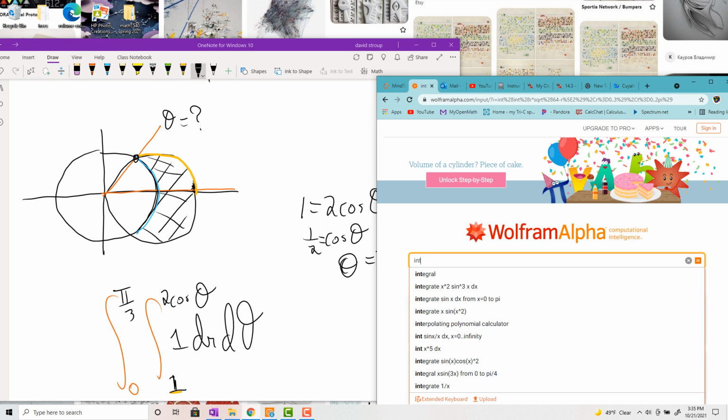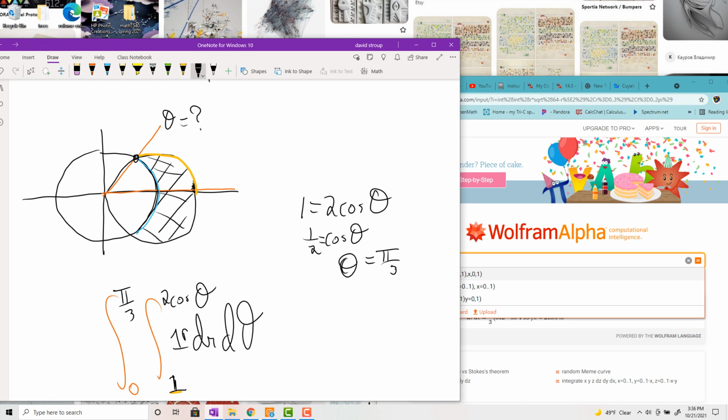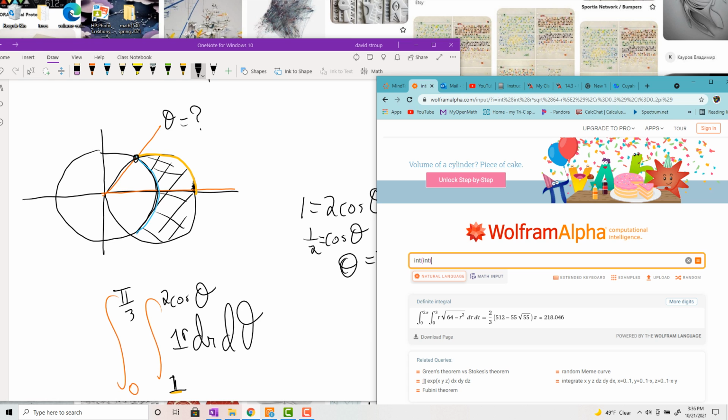So I'll cheat a little bit. Please don't do this yourself unless you're really on your last try. So what do we have? I lost my r. I need an r in here. R dr d theta, right? So it'd be r integrated from r equals 1 to 2 cosine of x, comma, then x equals 0 to pi over 3.